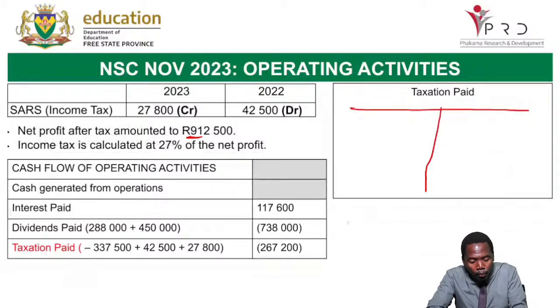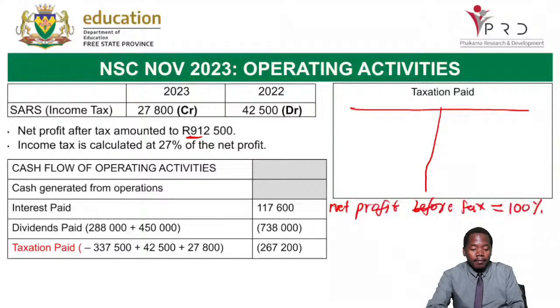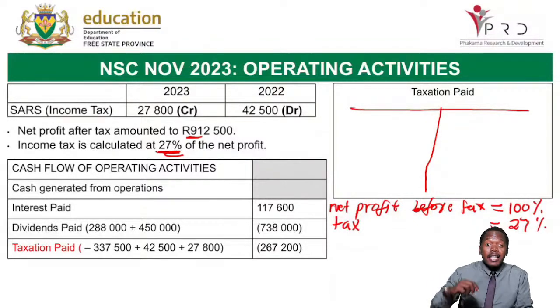Now remember, what did you learn? You have learned that the net profit before tax is always at 100%. The tax percentage, this time we are told it is 27%, meaning the net profit after tax will be 100 minus 27.